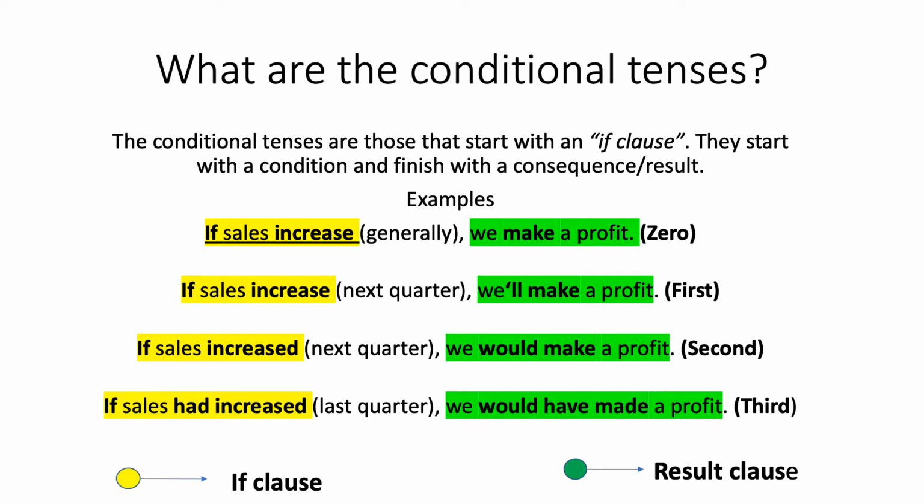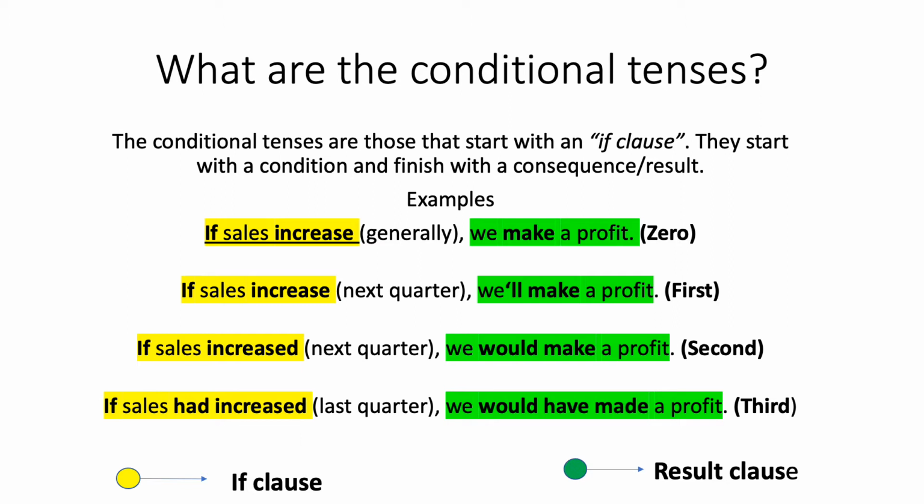They start with a condition and finish with a consequence, or result. So a conditional sentence always includes two clauses. One is called the if clause, which expresses a condition, and the other expresses the result of this condition, or the consequence. All right, so this is it.